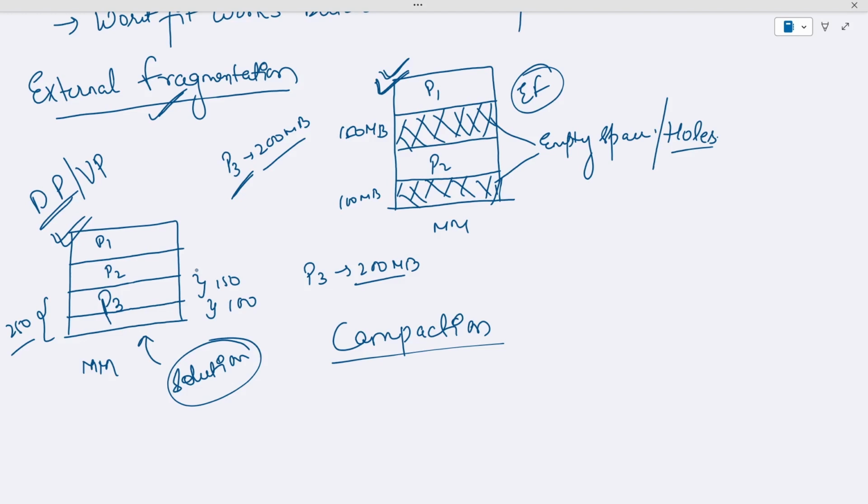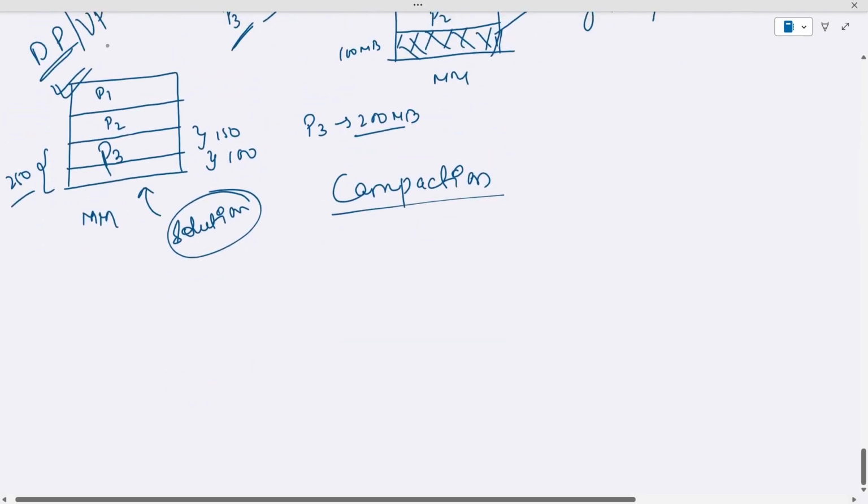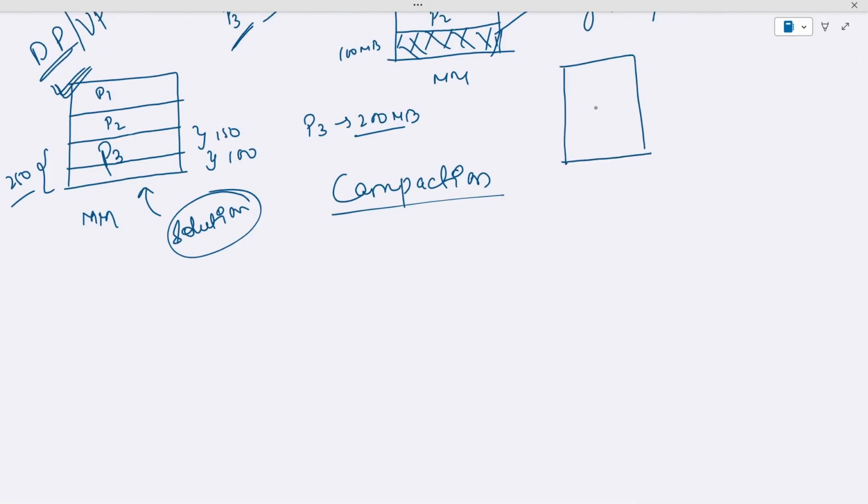Now, there is one more thing in compression. If the operating system does this, meaning it keeps occupied space on one side and unoccupied space on the other side, it takes a lot of time.